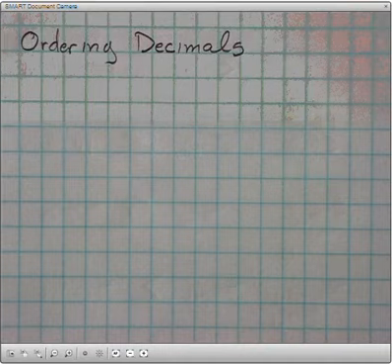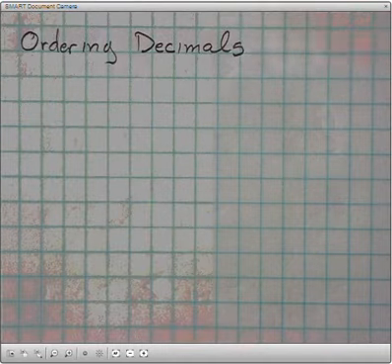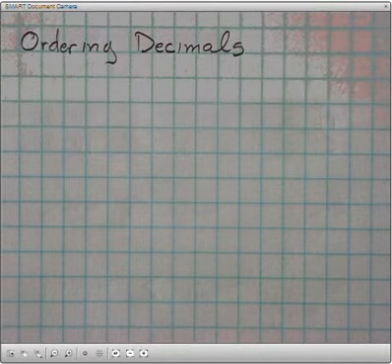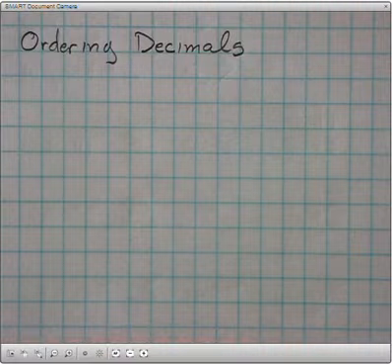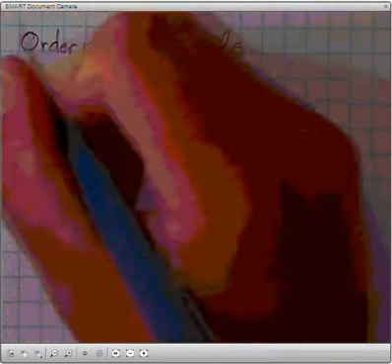We're going to be looking at ordering two decimals, comparing two decimals to each other, and then also categorizing and ordering multiple decimals from largest to smallest and smallest to largest. When we're ordering two decimals, we typically use what is called an inequality.